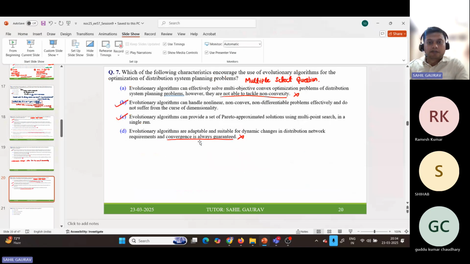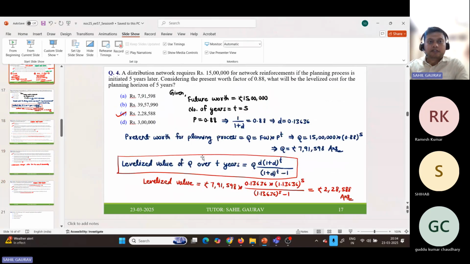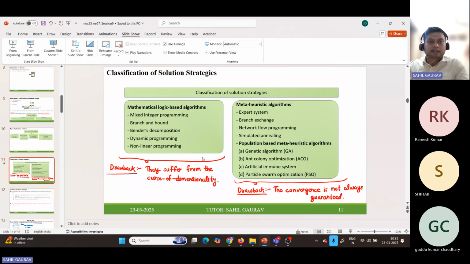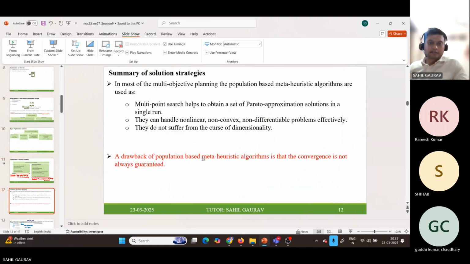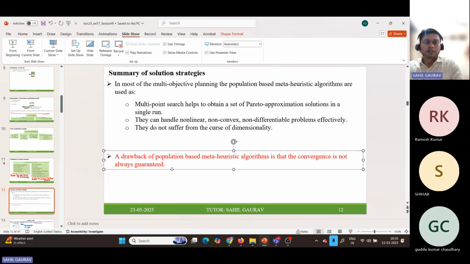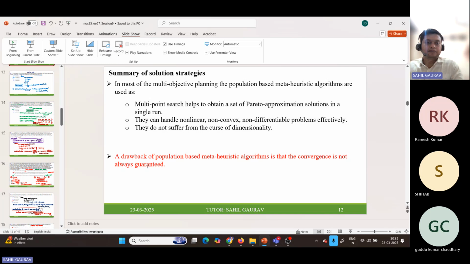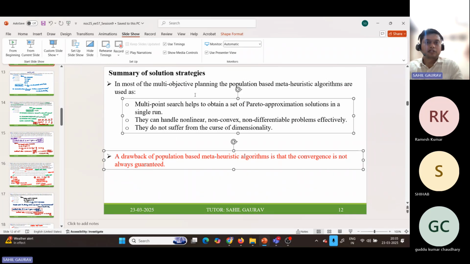So if you want a summary for this, you can refer to this slide. The summary of meta-heuristic, or you can say evolutionary algorithms, both you can consider the same, and you can correlate with the answer.